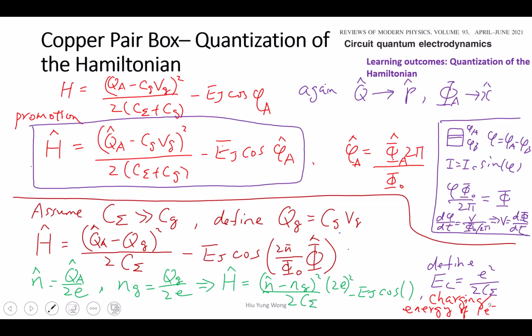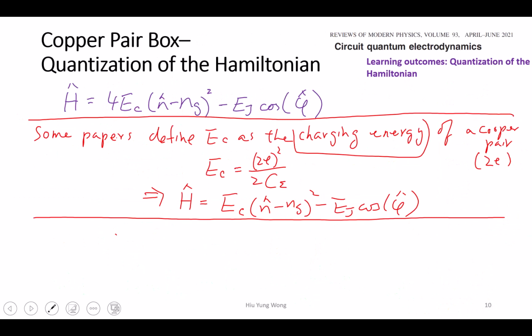Sorry, do you follow me here? I said something wrong. EC is e squared divided by 2C summation, right? Half Q times V, or Q squared over 2C, is the energy, right? So because EC is e squared divided by 2C summation, that's why I have a 4 here, right?